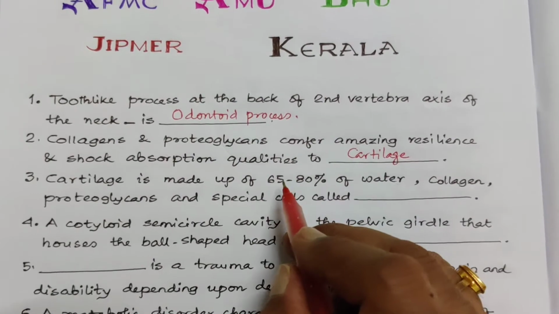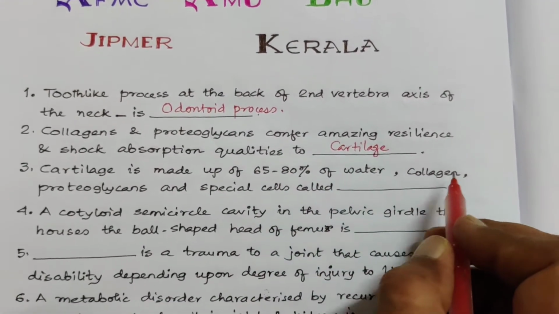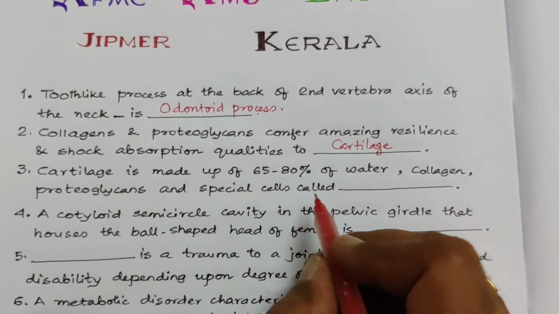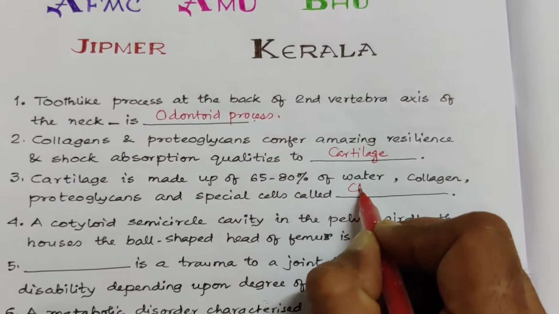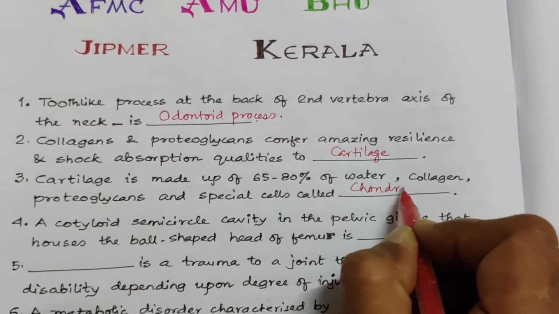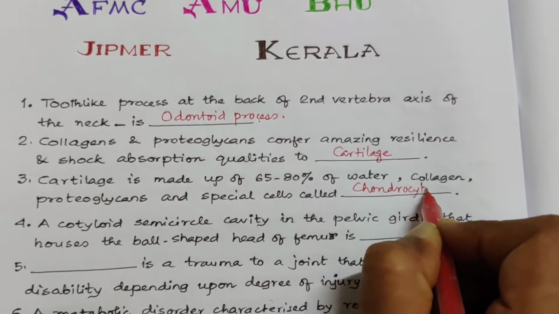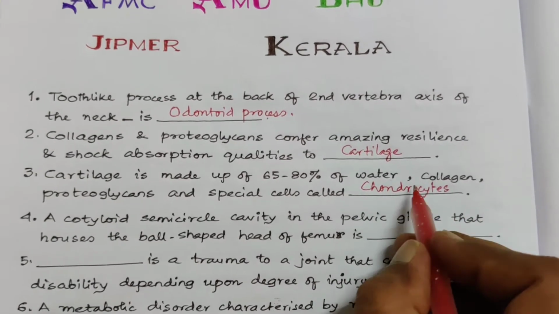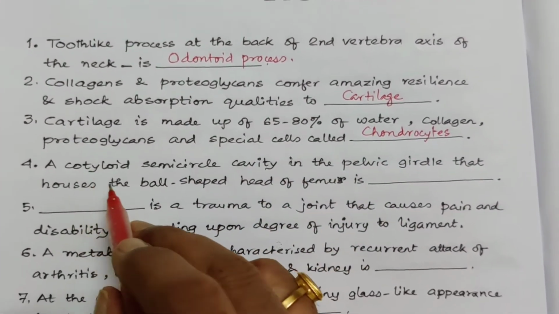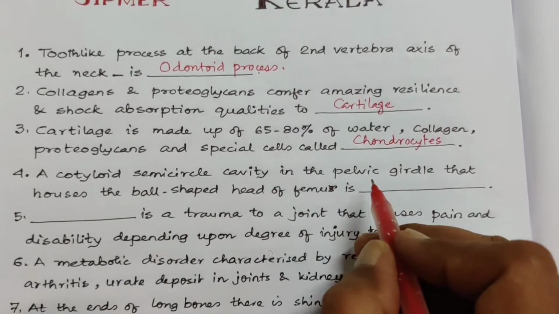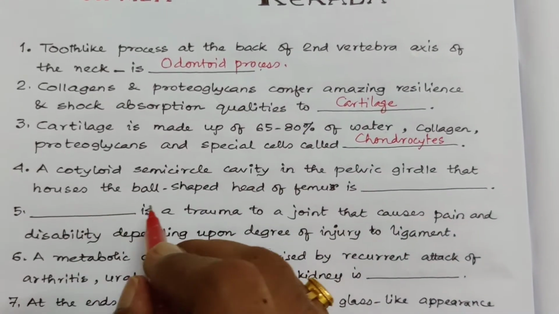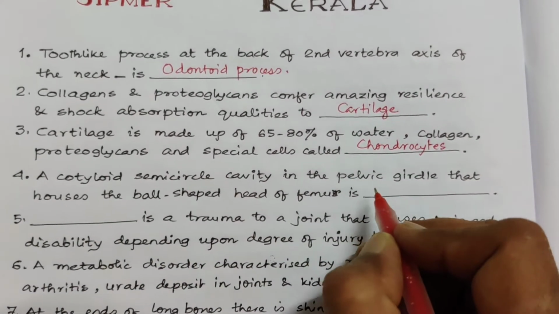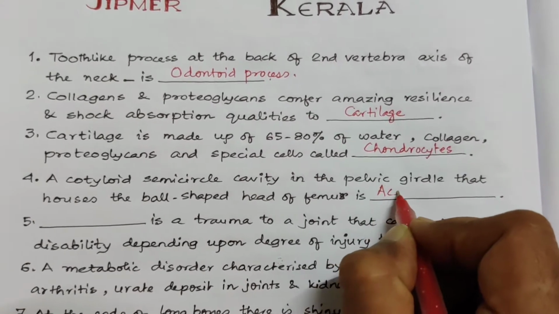Cartilage is made up of 65 to 80% of water, collagen, proteoglycans, and special cells called chondrocytes. Chondrocytes are the cells of the cartilage. A cotyloid semicircular cavity in the pelvic girdle that houses the ball-shaped head of femur is acetabulum.